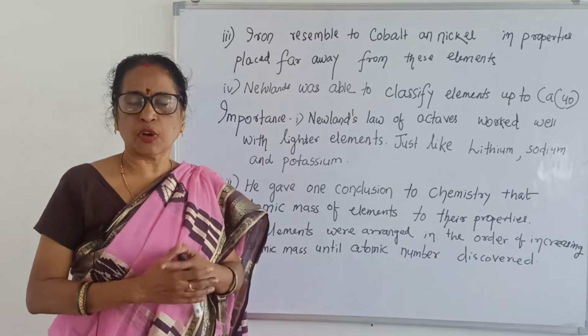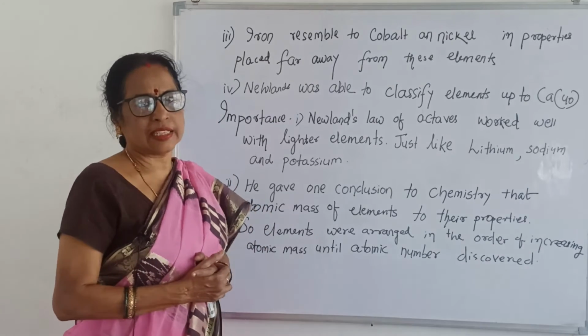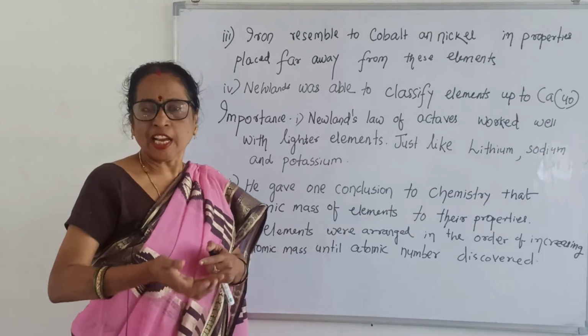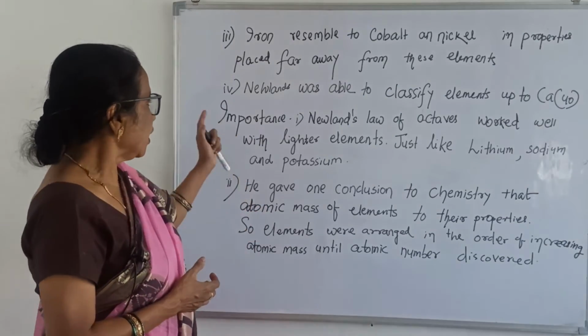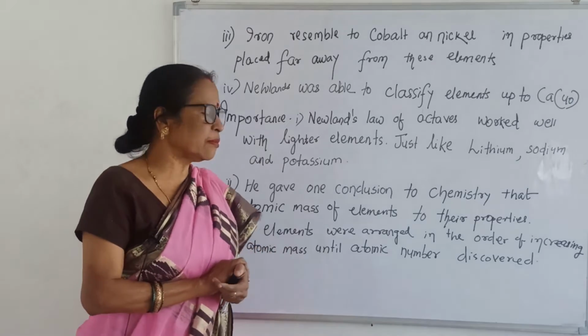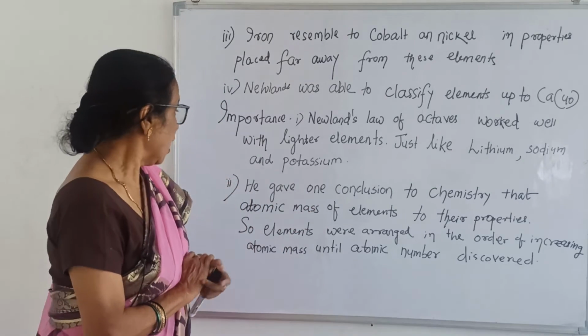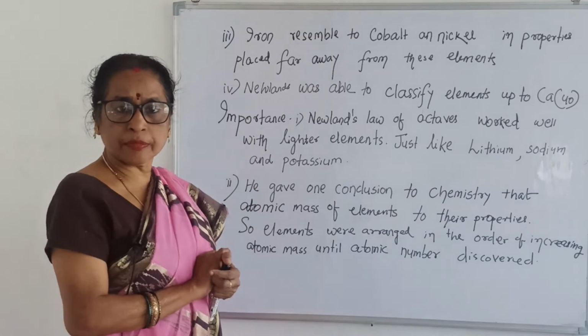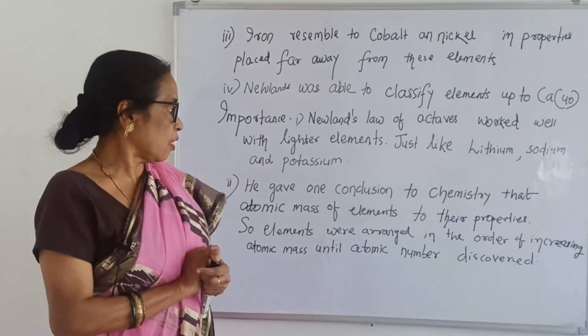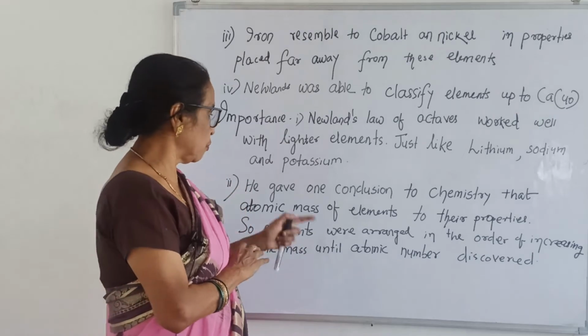These are the lighter elements. Newland's law of octaves works well with light elements like lithium, sodium and potassium, and it also follows that after 8 the element is similar to the first.